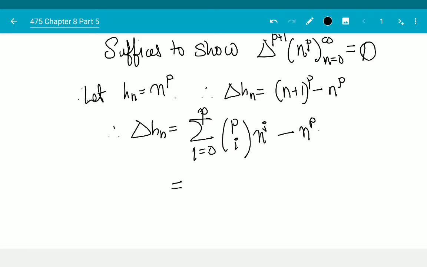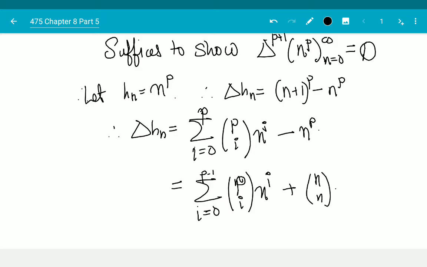Well, what I'm going to do is separate out the term for n to the p. So I get the sum from i equal to 0 to p minus 1 of p choose i, n to the i, plus p choose p times n to the p, minus n to the p.